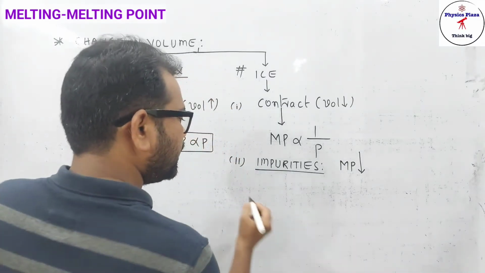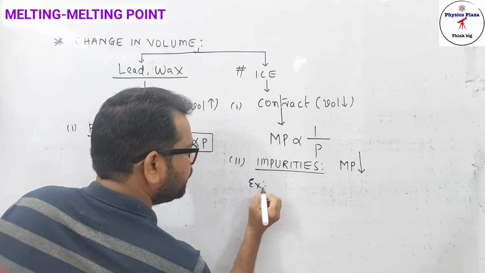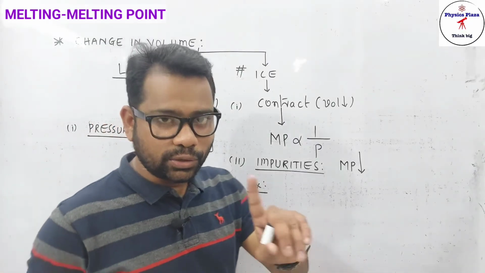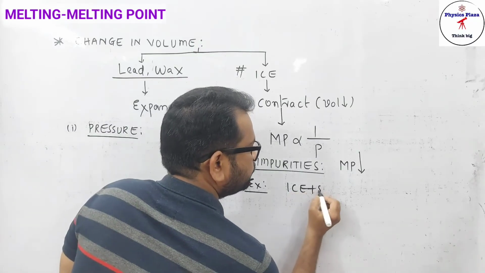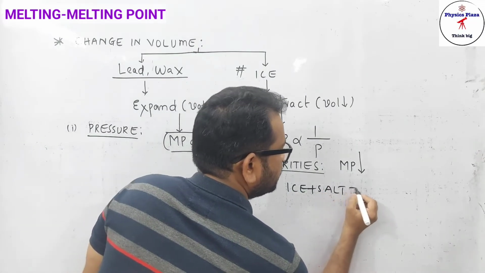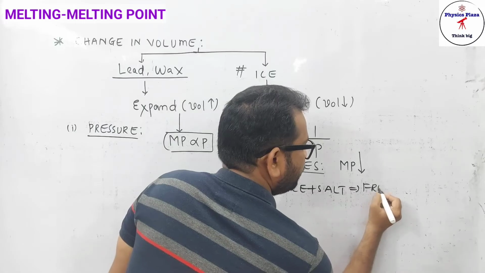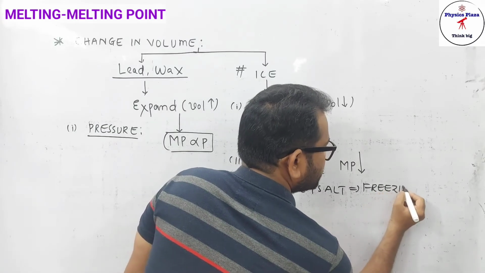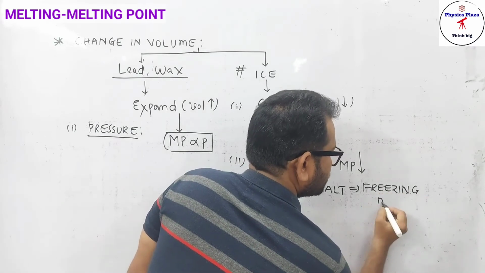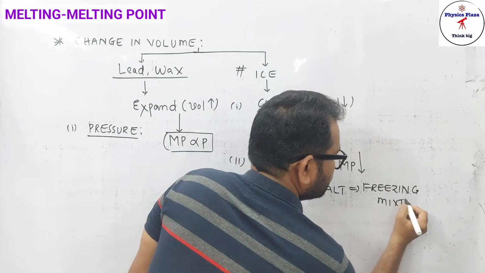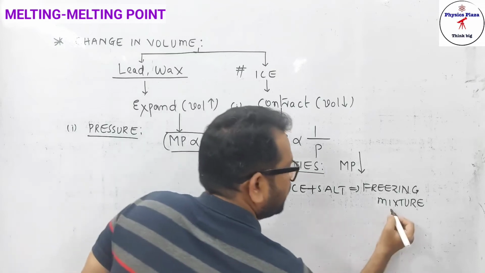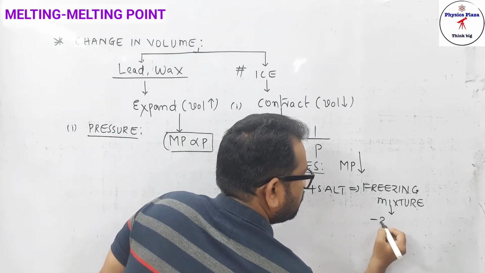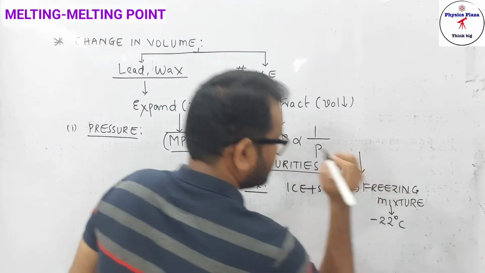Clear? Fine. So, for example, in general we know that the melting point of ice is 0 degrees Celsius. But children, when you add salt to the ice, we call this a freezing mixture, which is used in the making of kulfis, and its temperature falls to minus 22 degrees Celsius.